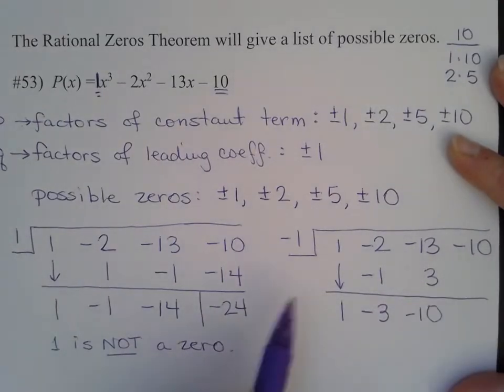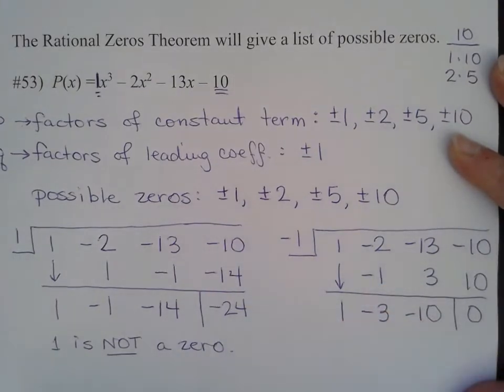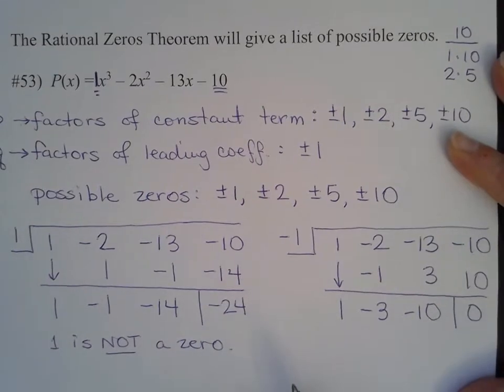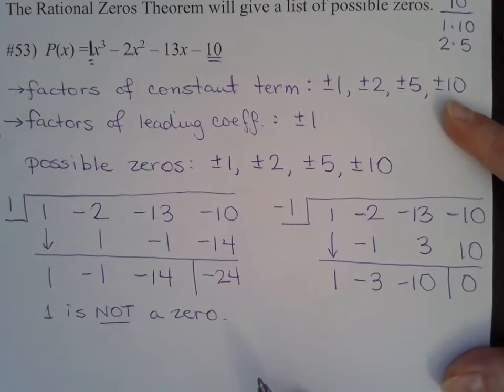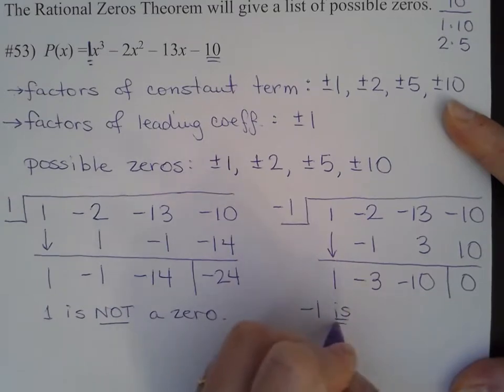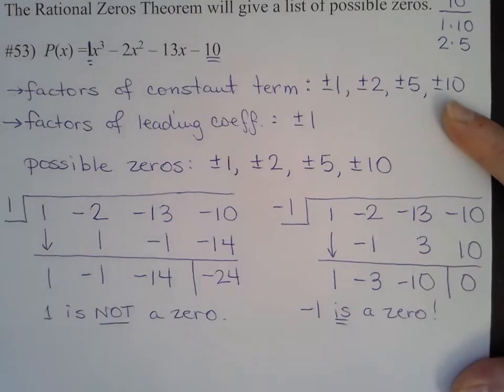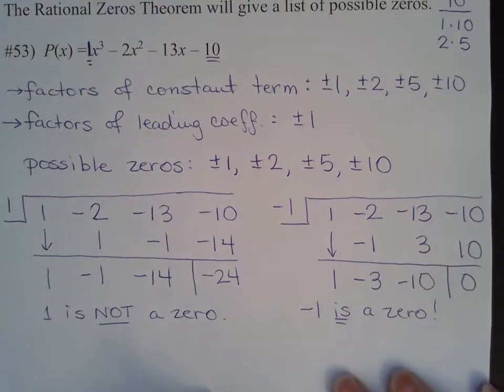This is looking promising. -1 times -10 is +10. And I got my 0 remainder, which makes me super happy because that means I found a 0. So -1 is a 0. Yay.